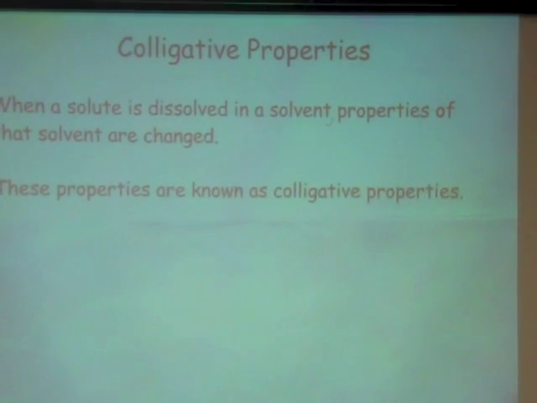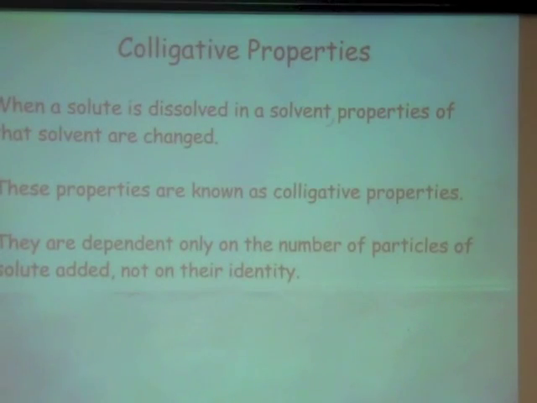So it doesn't matter what the solute is. When it gets dissolved in the solvent, there are properties about that solvent that are going to change because of the solute that's in there. And those properties that change, we call colligative properties.